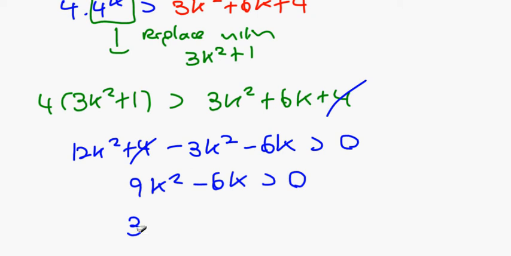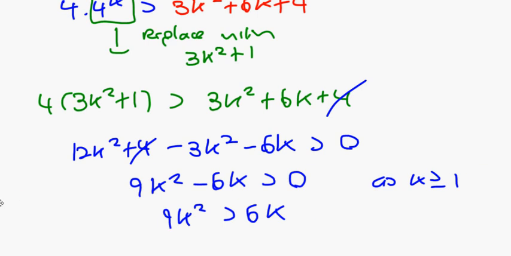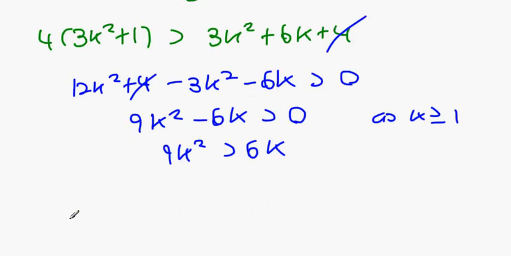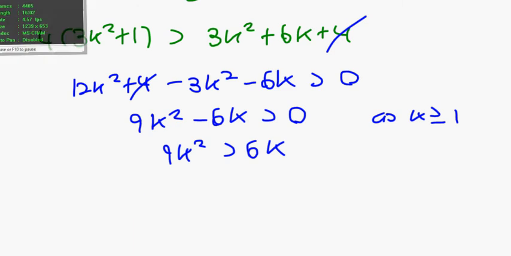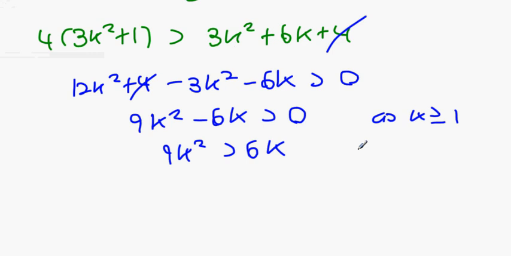What we've got to prove here is that 9k squared is greater than 6k, and as k is greater than or equal to 1. So what we could do here, now you say this is true as k is greater than or equal to 1, because 9k squared is greater than 6k.